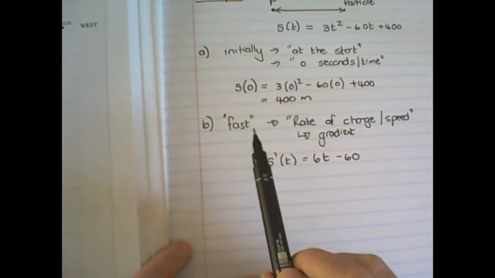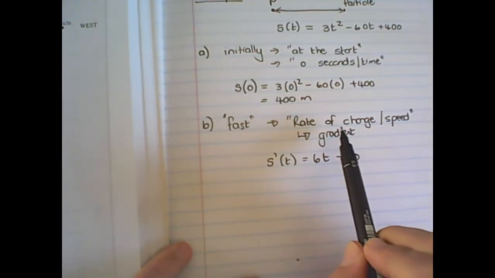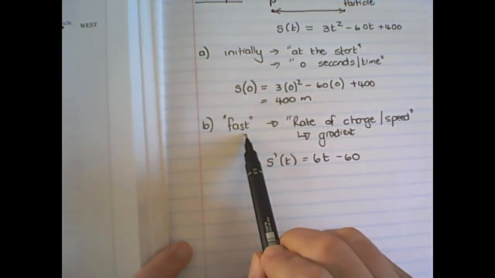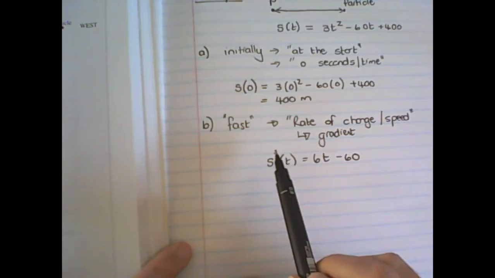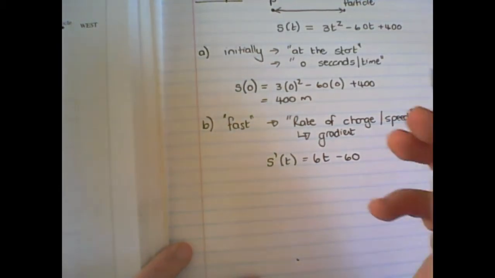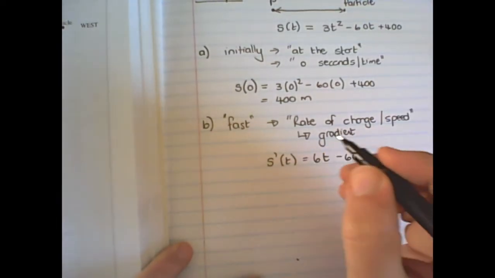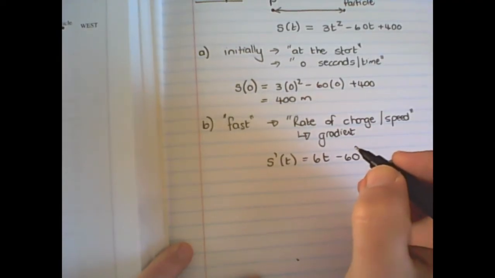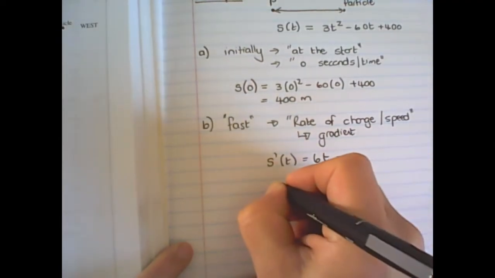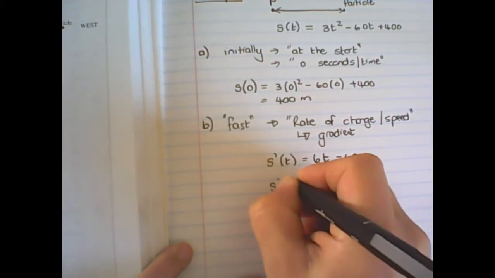As long as you know that speed or rate of change, or they speak about fast, they're referring to a gradient. And next they say, and in what direction, and after how many seconds. After 4 seconds. So let's start with the 4 seconds.